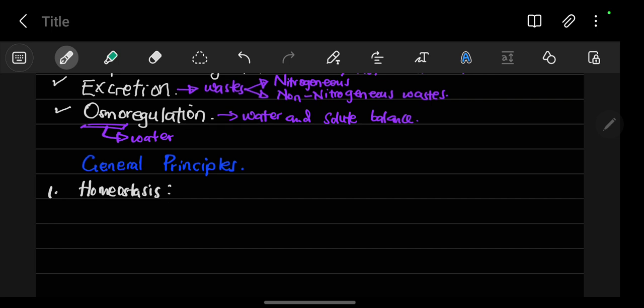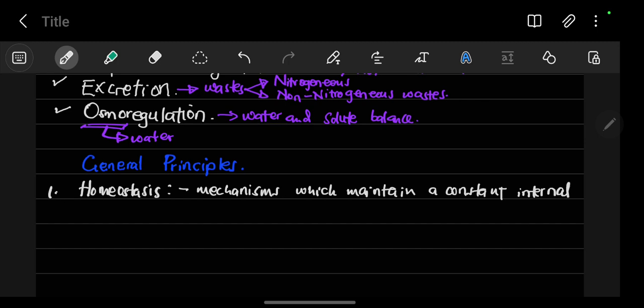And homeostasis is defined as the mechanisms which maintain a constant internal environment.